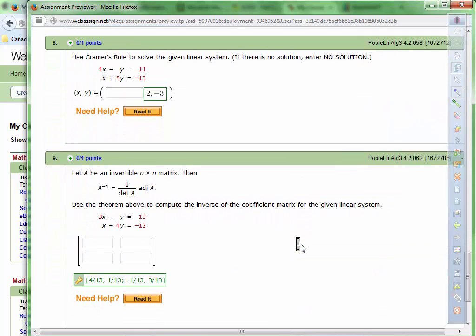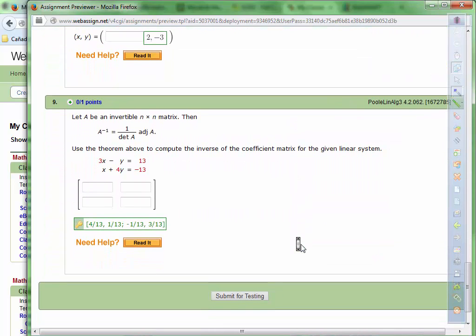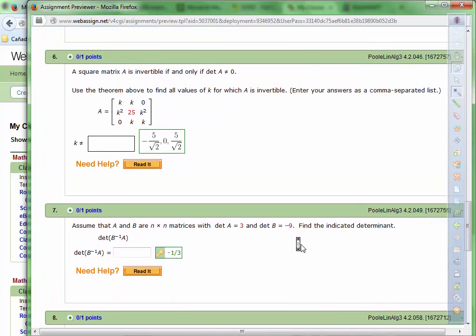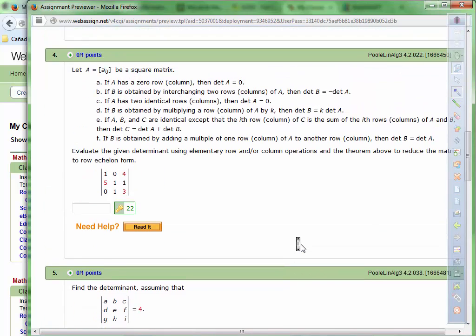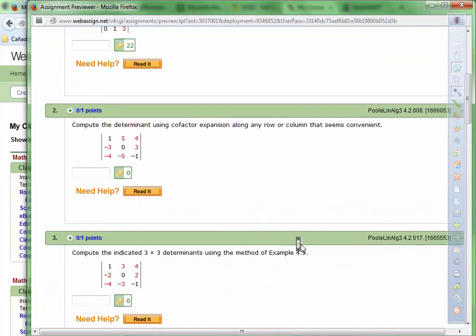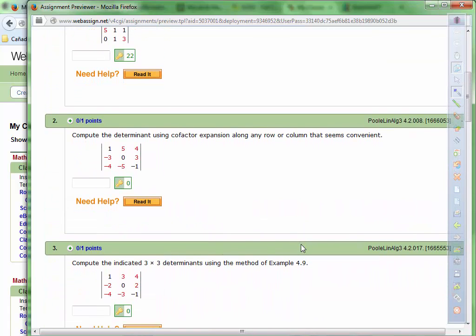It should be 4.2 already. Wait, is it? Well, they only have 3 by 3 matrices here.